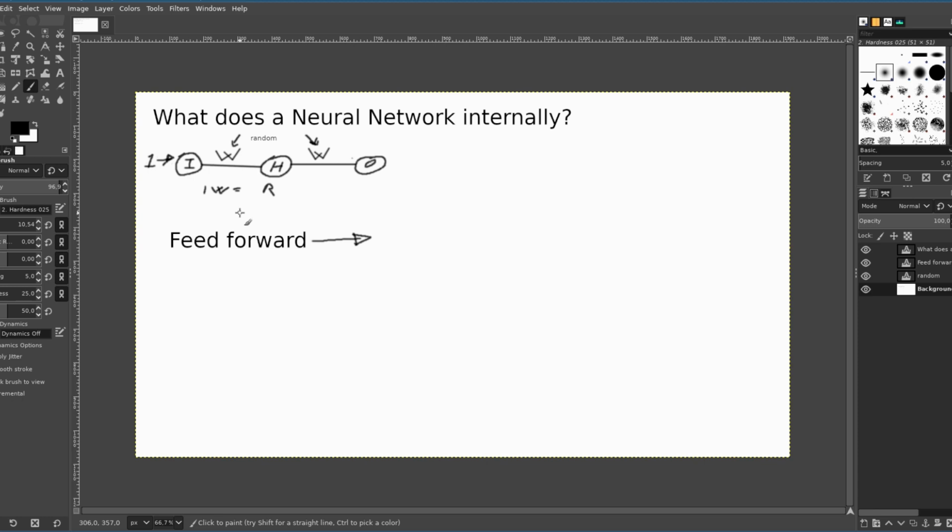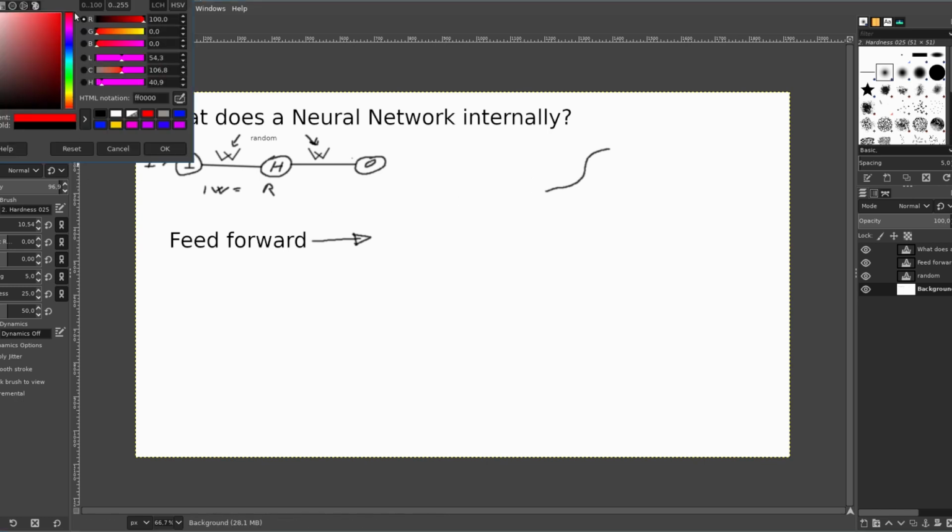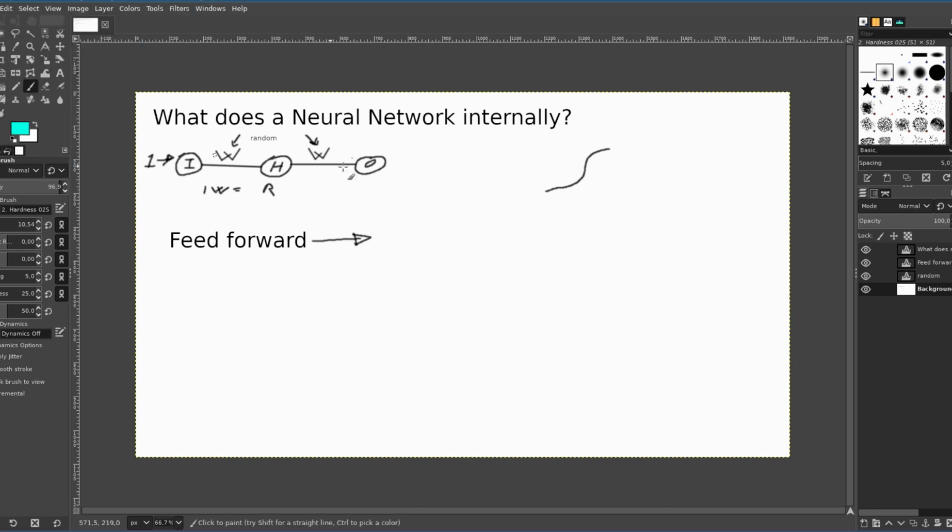To solve this problem the activation function was invented, also called S-shaped function.